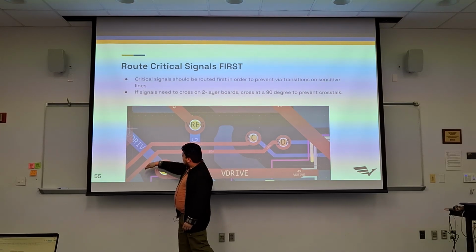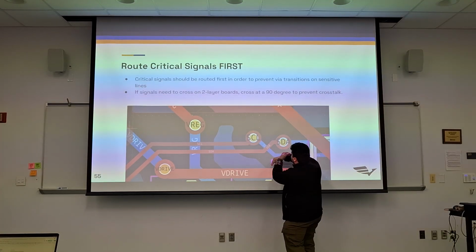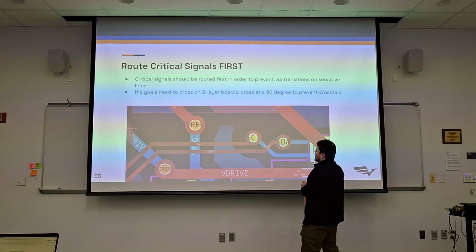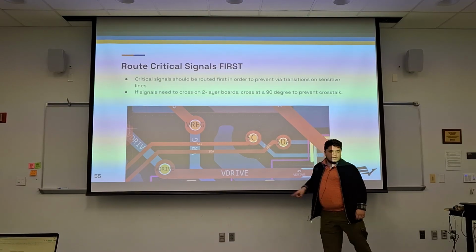In this case, we're diagonal, and diagonal, it's a 90. Over here, they're crossing each other, but they're crossing each other also at a 90. So always route your critical signals first to avoid via transitions, but if you do need via transitions, cross at a 90.